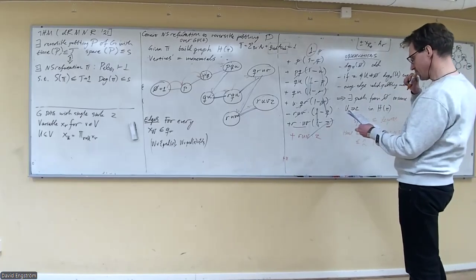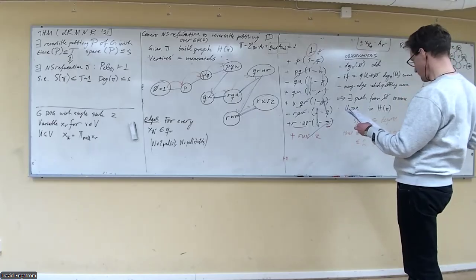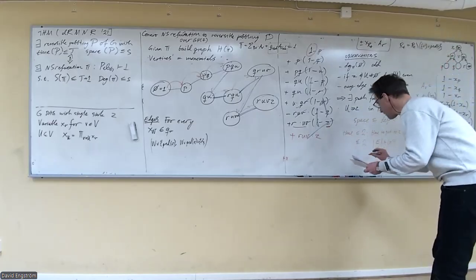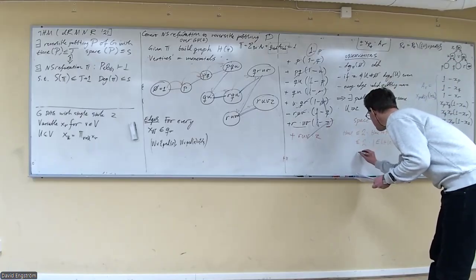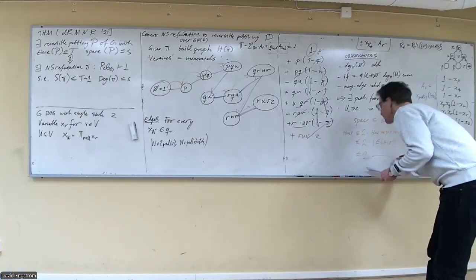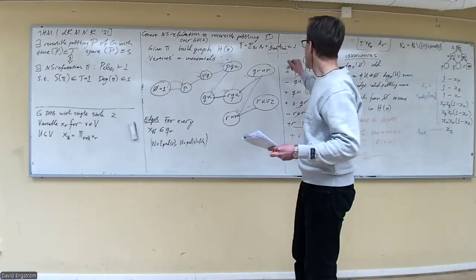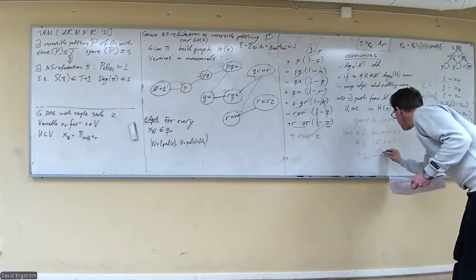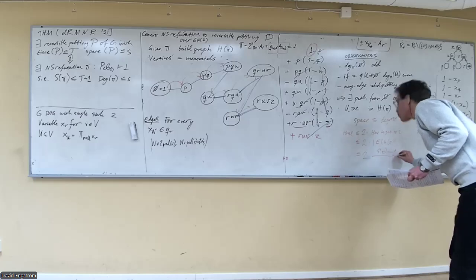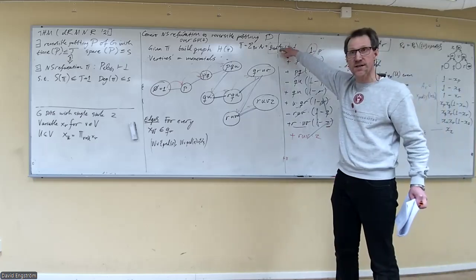Now I claim that if you look at the number of edges, well, again, we're throwing out this. So we actually get S of pi. We're removing at least one monomial. I mean, this contributes at least one monomial.